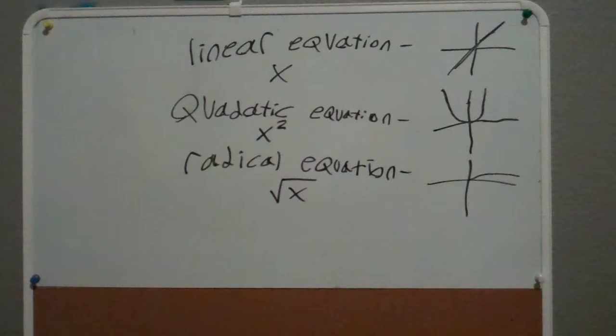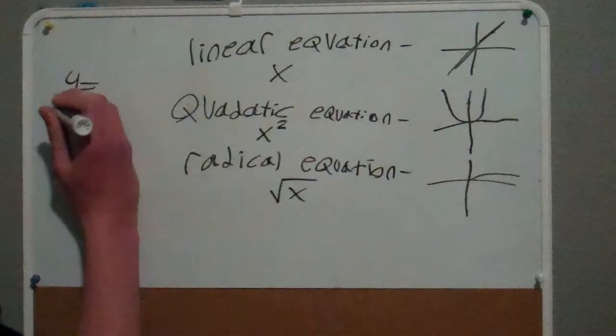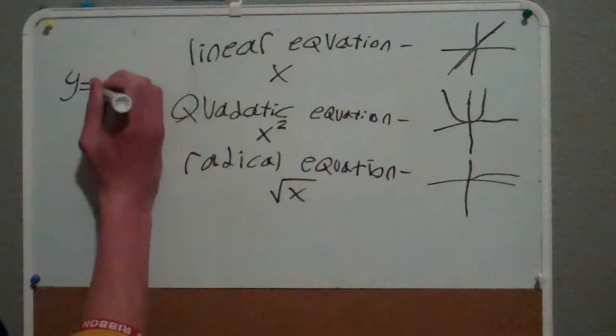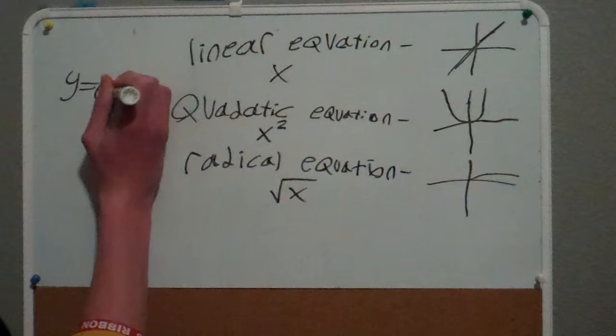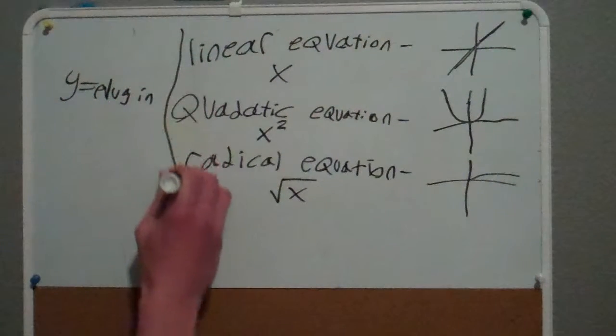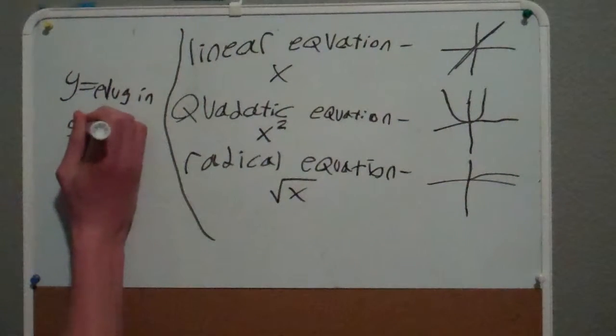Same with all of these. So if you get confused with your linear, quadratic, or radical equations, and you're trying to figure out what's what, always throw them in your calculator. Just go y equals on your calculator, and then plug in your equation. And then just press graph.